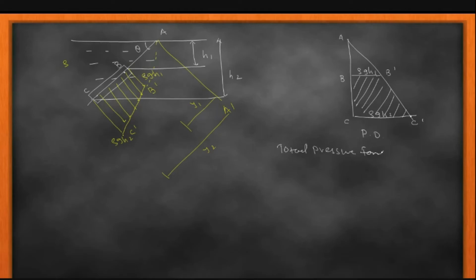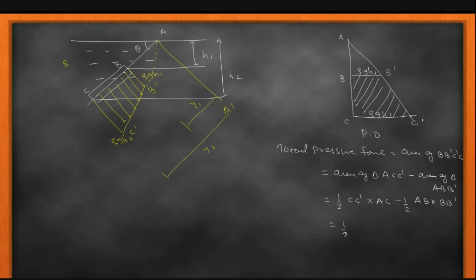Total pressure force equals the area of B B dash C dash C. We can write it as the area of triangle A C C dash minus the area of triangle A B B dash. The area of A C C dash becomes 1 by 2, base is C C dash and height is A C. Similarly for A B B dash, the height is A B and the base is B B dash.